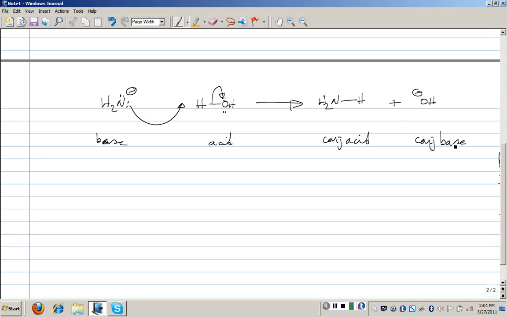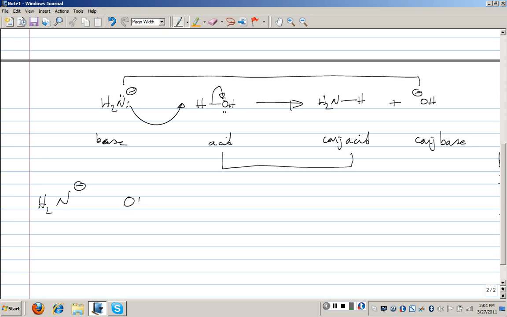Does the reaction go? Well, it depends. Is water a stronger or weaker acid than ammonia? Or is the amide ion a stronger or weaker base than hydroxide? Well, again, N and O are periodic partners. So I'm going to ask the question: which of these two species is the stronger base?